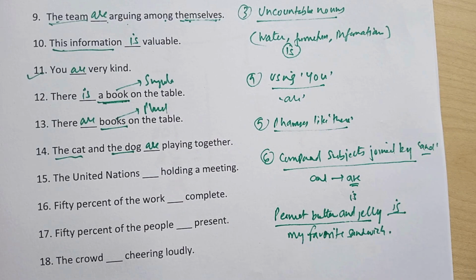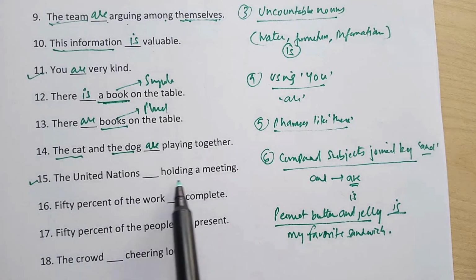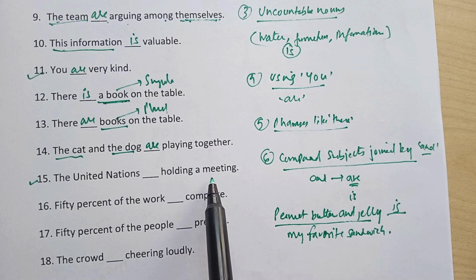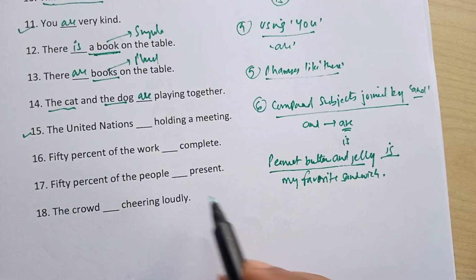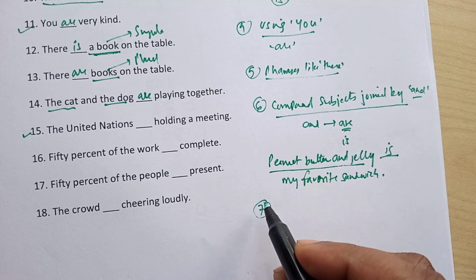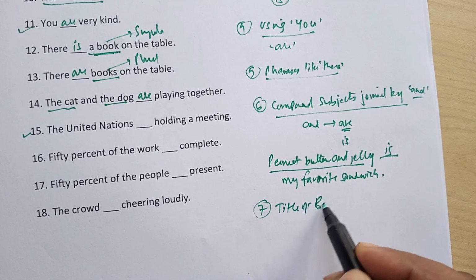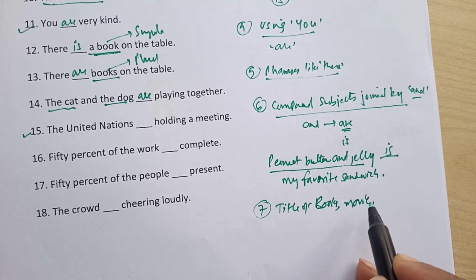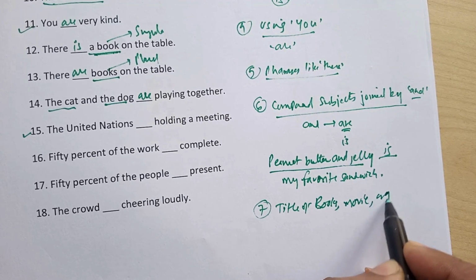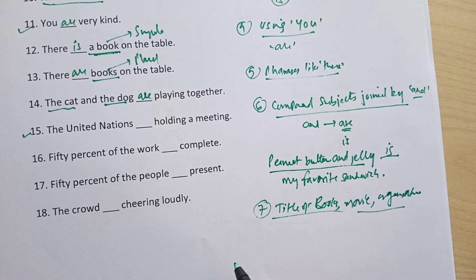Okay, now move on to the next problem: the United Nations dash holding a meeting. You need to understand this also. Let's say we have a title of books, the name of some movie, or the name of some organization or country.